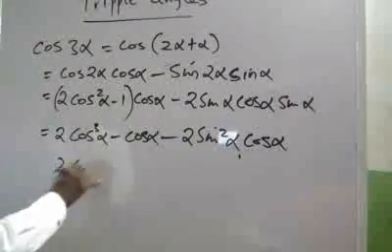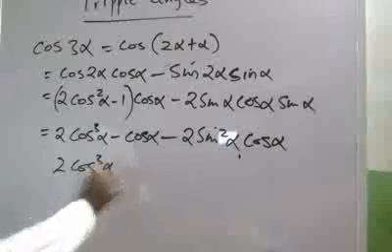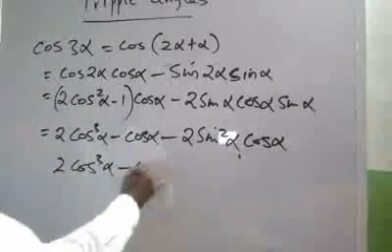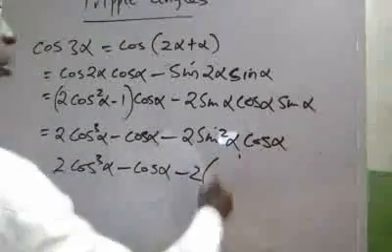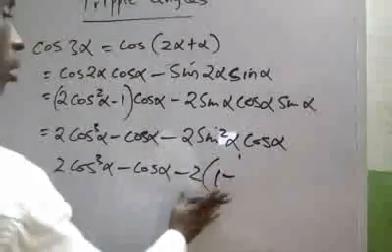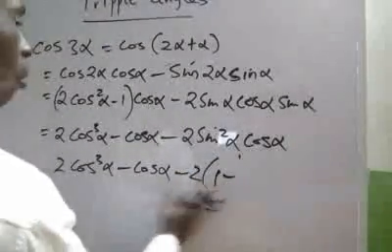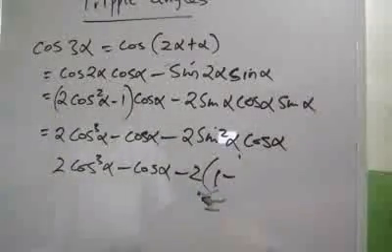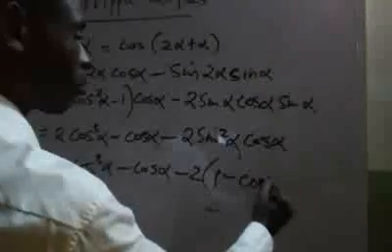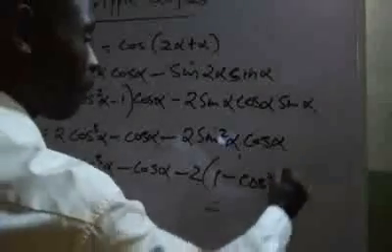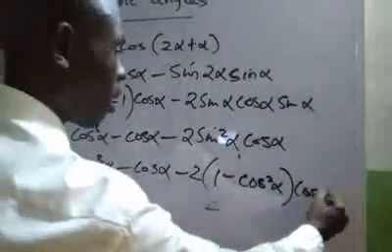So I have 2 cos cube alpha minus cos alpha minus 2 times 1 minus cos square alpha times cos alpha.